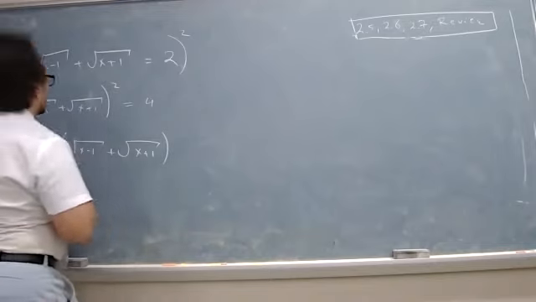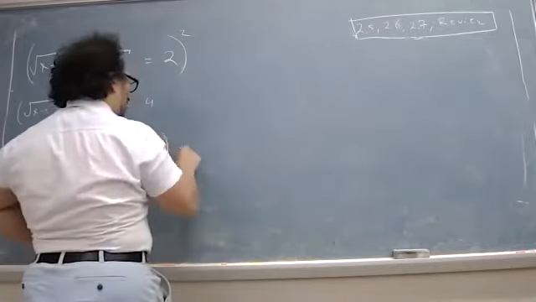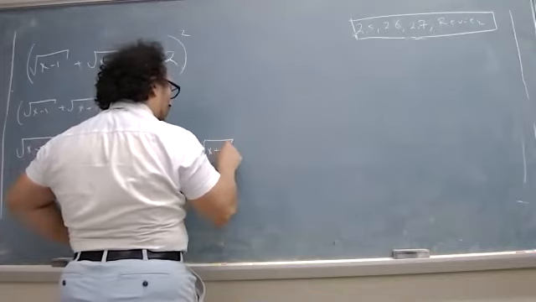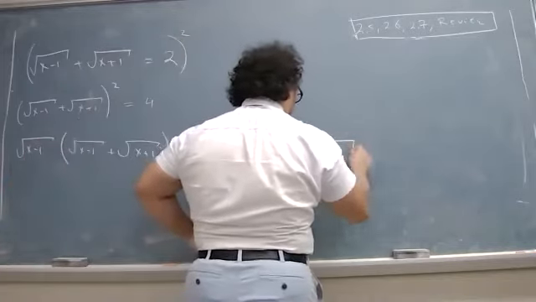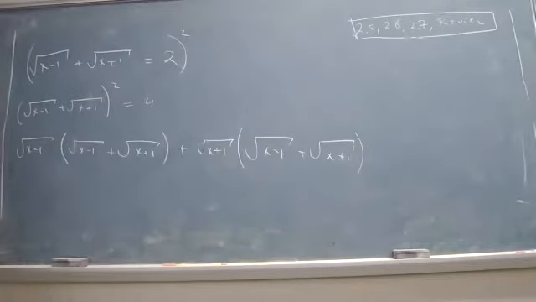All right? Plus square root of x plus 1 times square root of x minus 1 plus square root of x plus 1. Right? This is just FOILing. But now we're doing distribution. It's the same thing, okay?